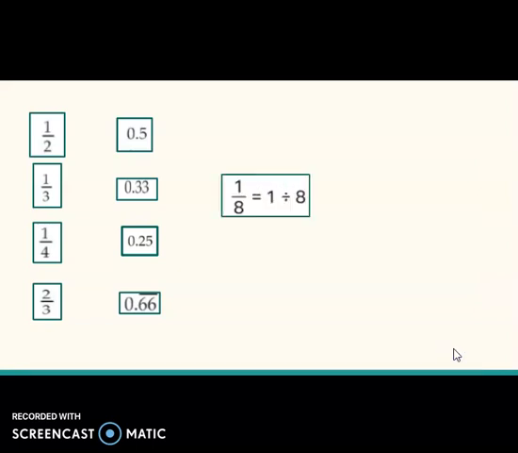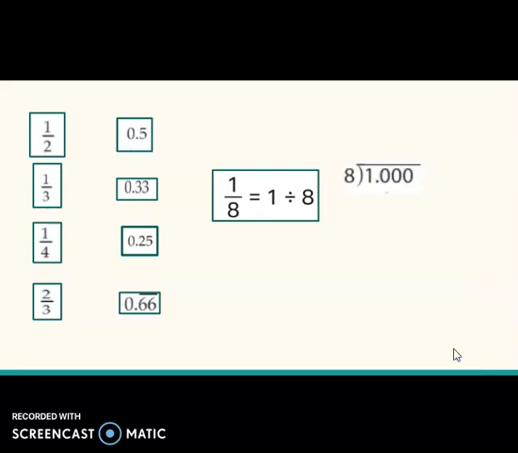In that case, let's take an example. 1 upon 8 equals 1 divided by 8. Here we need to take the help of long division. So first we are going to write 1 divided by 8 as a division problem.